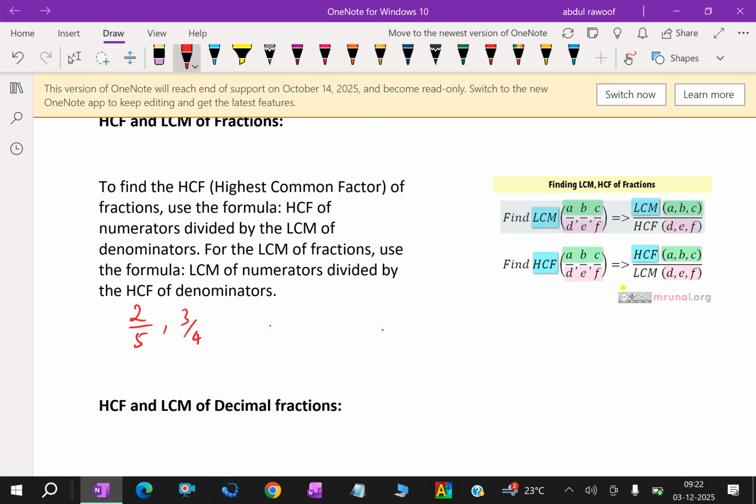To find the HCF of the fraction, use the formula: HCF of the numerators. Find the HCF of 2 and 3.